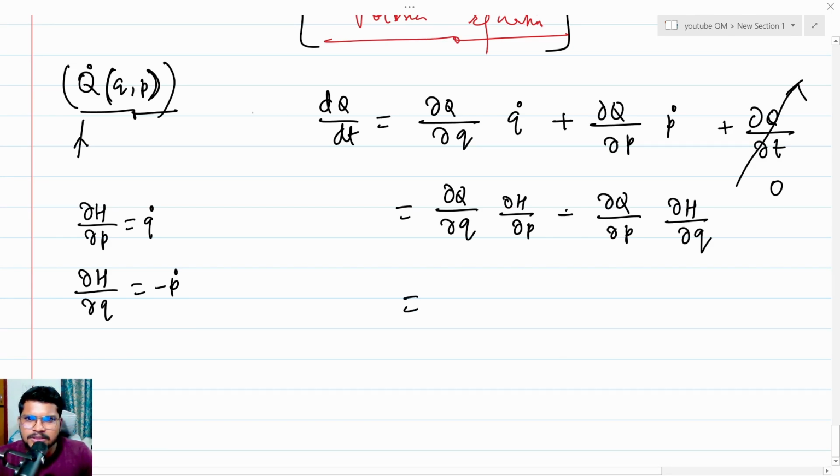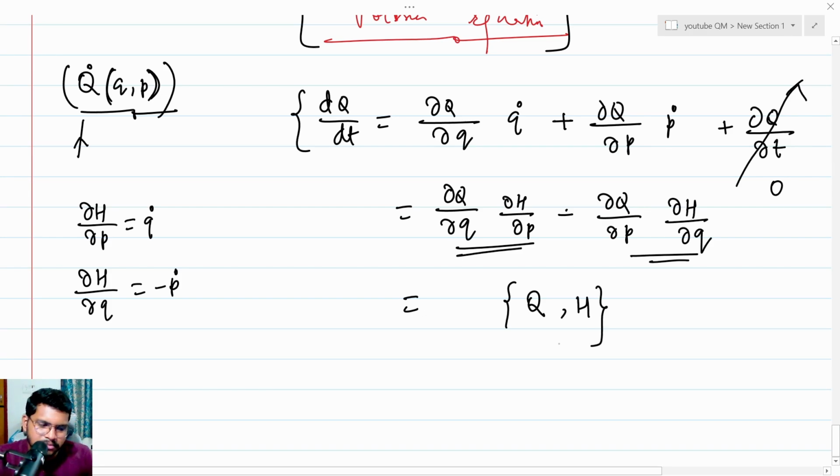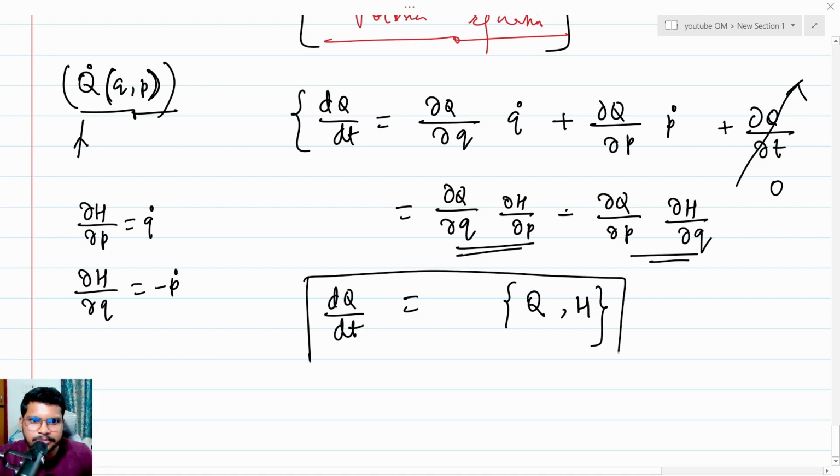Any quantity whose change with respect to time we want is going to have an antisymmetric relationship. This algebra for finding the derivative can be encapsulated in something called the Poisson bracket, where you write it in curly brackets, or some people use square brackets, whatever you write. It tells you how the quantity is changing with respect to time in phase space.